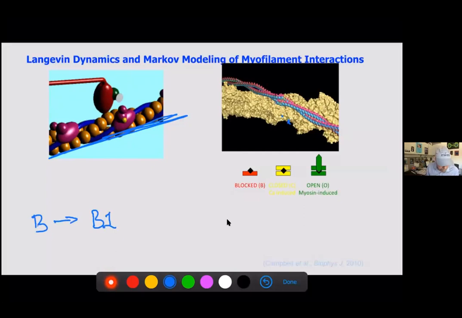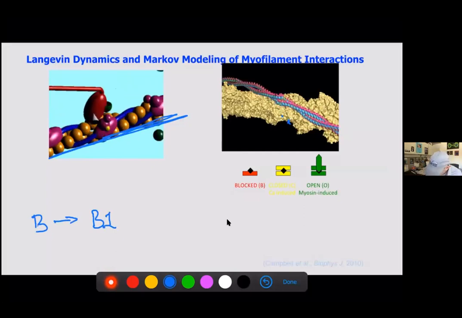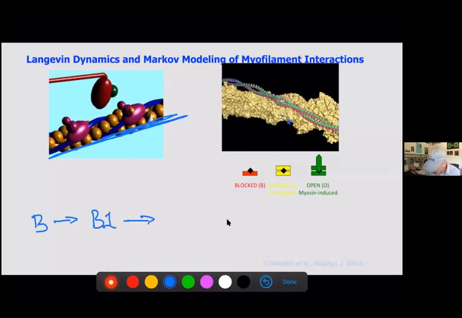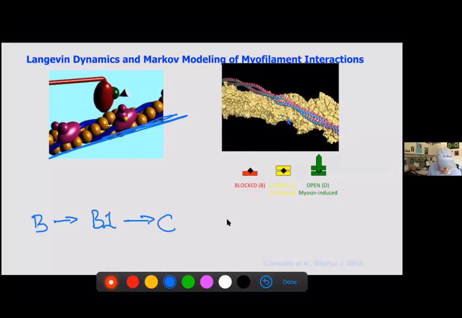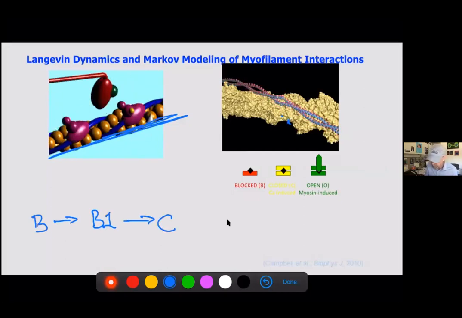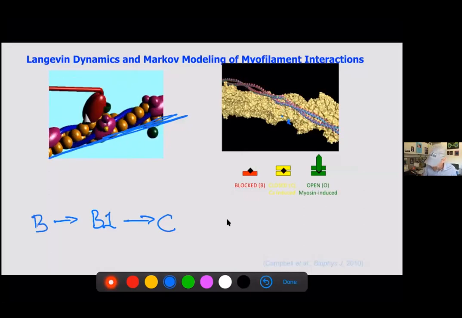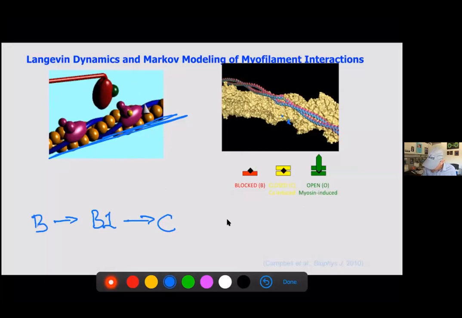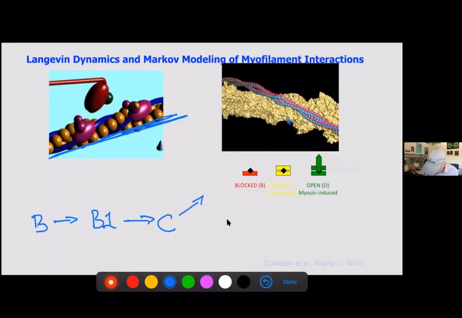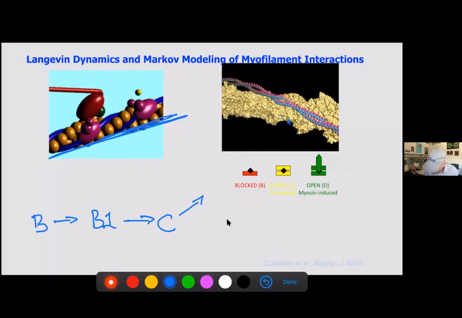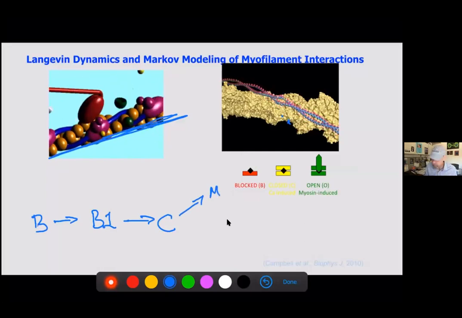So there's a calcium bound state. Okay? And then it goes to a new state, which is called the closed state. Now in the closed state, after calcium is bound, now the cross-bridge can attach. And so now a cross-bridge attaches, and we get a myosin actin state.